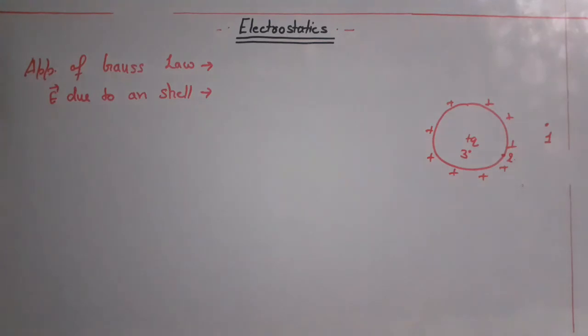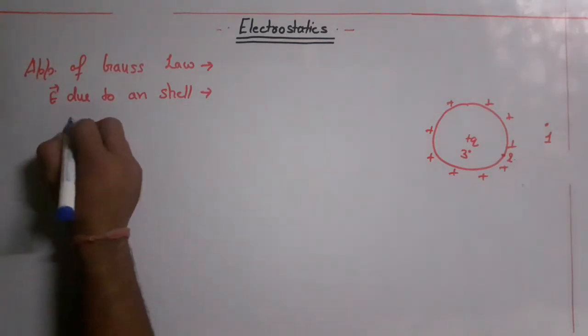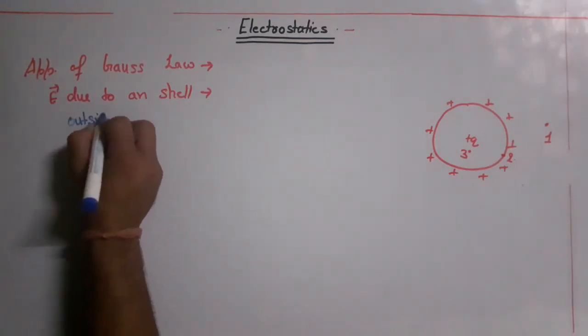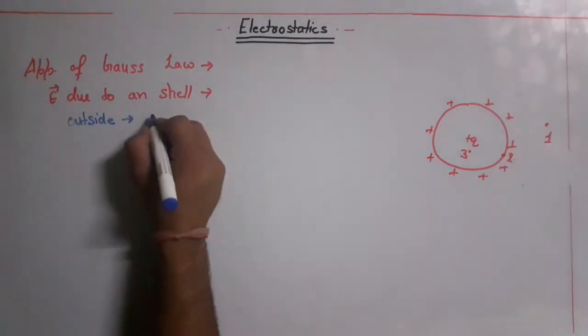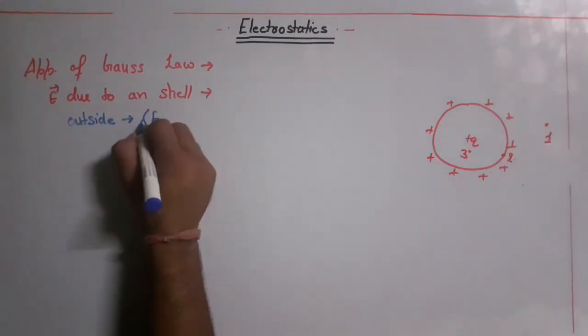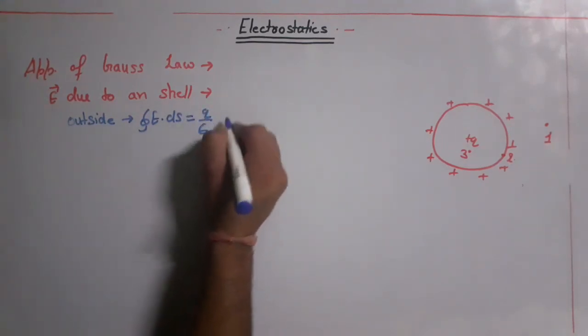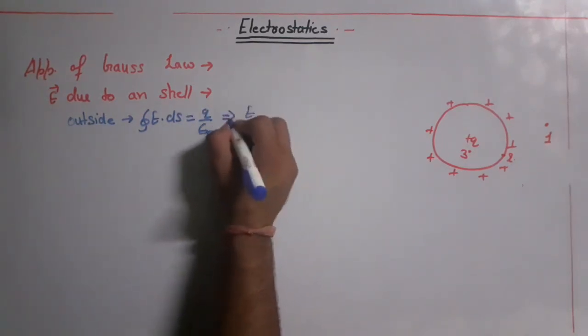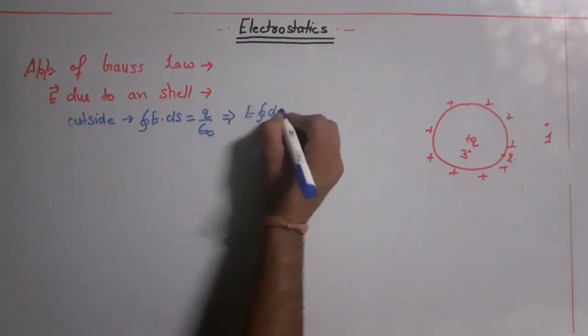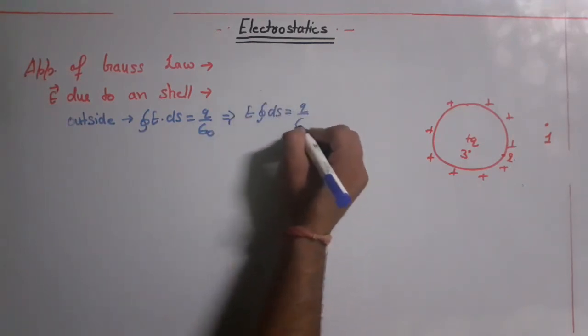So let's find out. First, outside. To find the field outside using Gauss law, what is Gauss law? The closed integral of E dot ds is equal to q by epsilon naught. So this becomes E times the integral of ds is equal to q by epsilon naught.